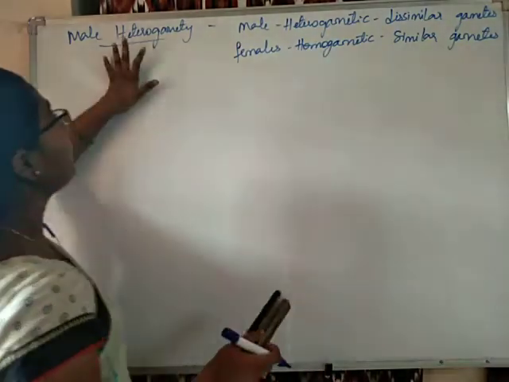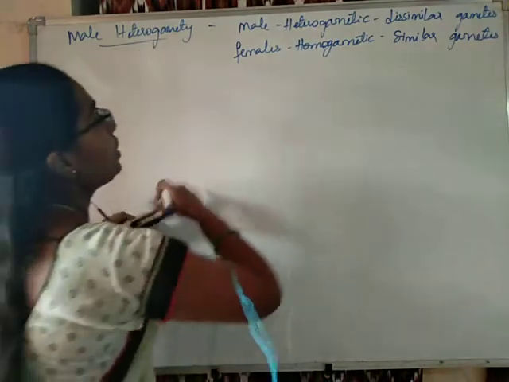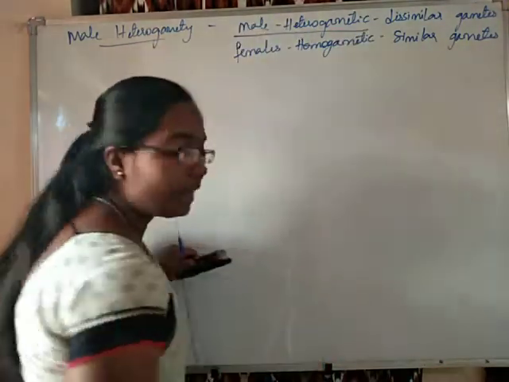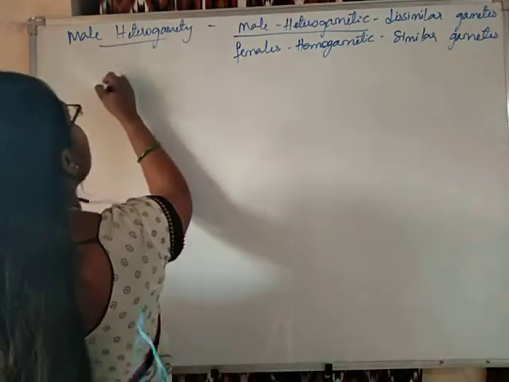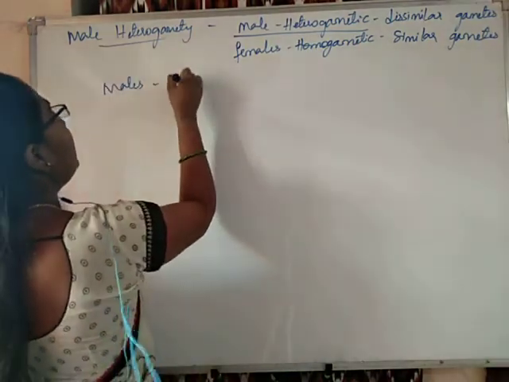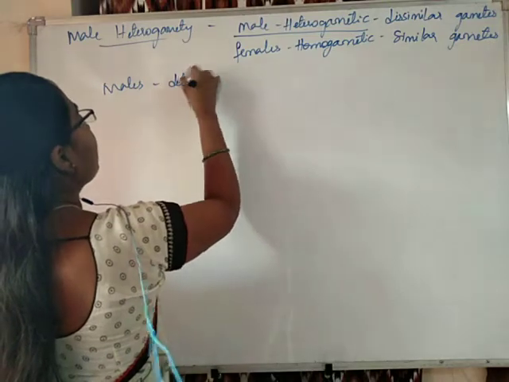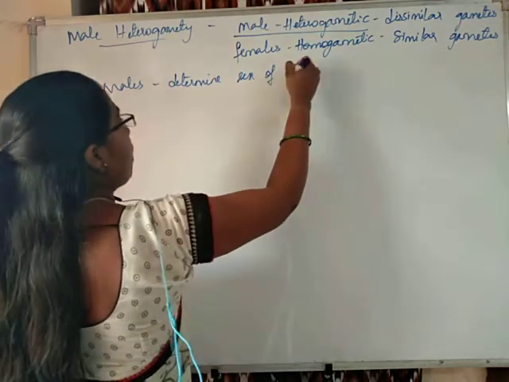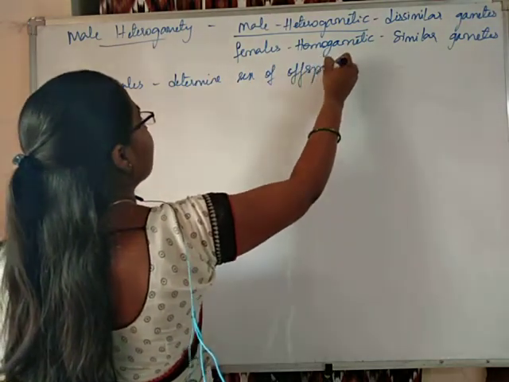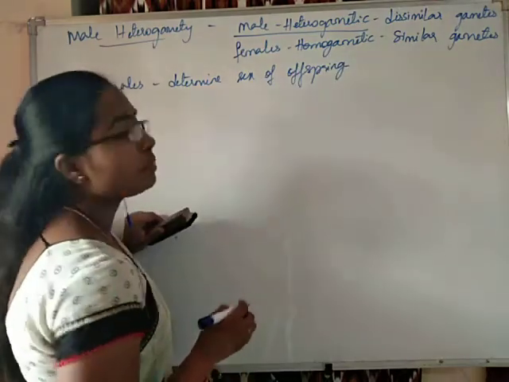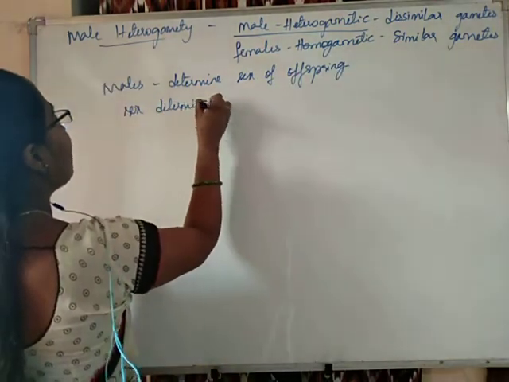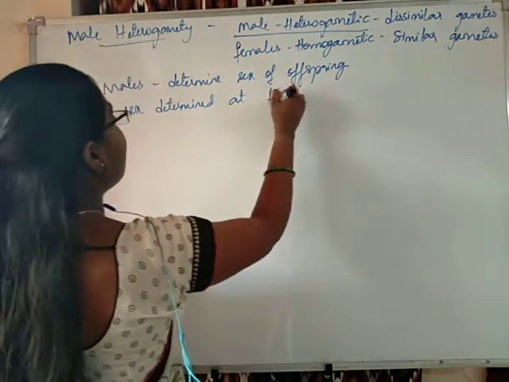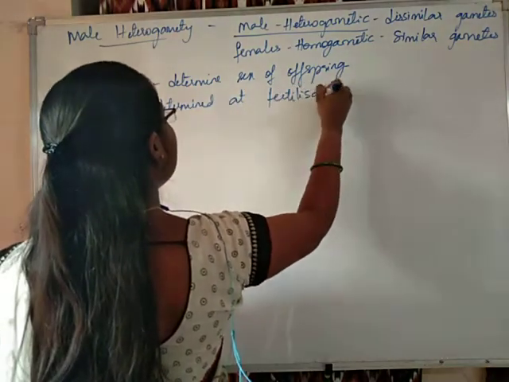So, here we are learning male heterogamety: in this condition males are heterogametic, males are the ones who produce the dissimilar gametes, and in this case males determine the sex of the offspring. Sex is determined at the time of fertilization only.